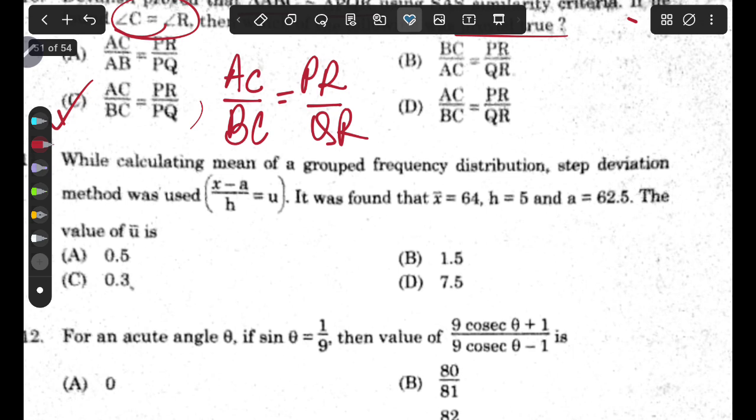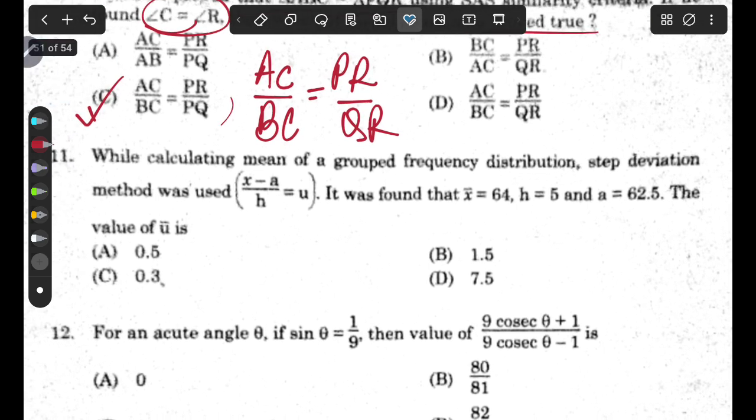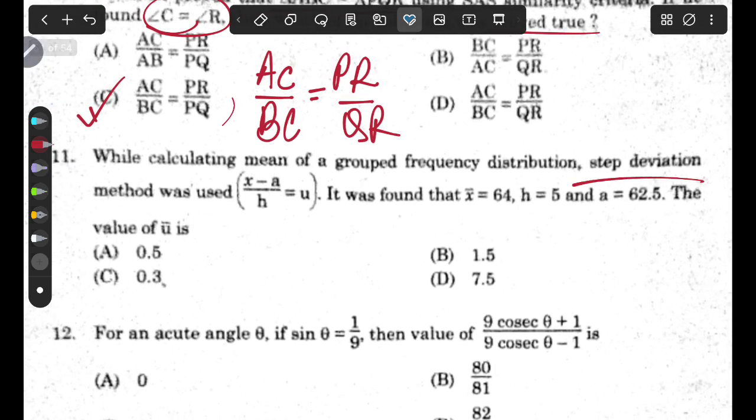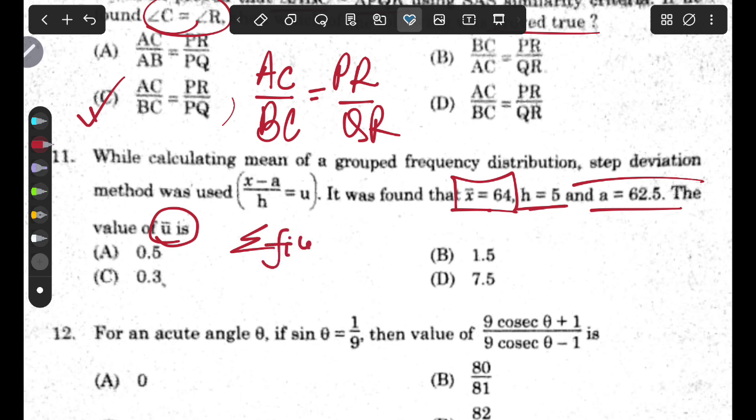Moving ahead, while calculating the mean of a grouped frequency using step deviation method, the mean comes out to be 64. H is the height of the class, A is the assumed mean, and we need the value of mu dash. What is this mu dash? Mu dash is sigma fi ui upon sigma fi.